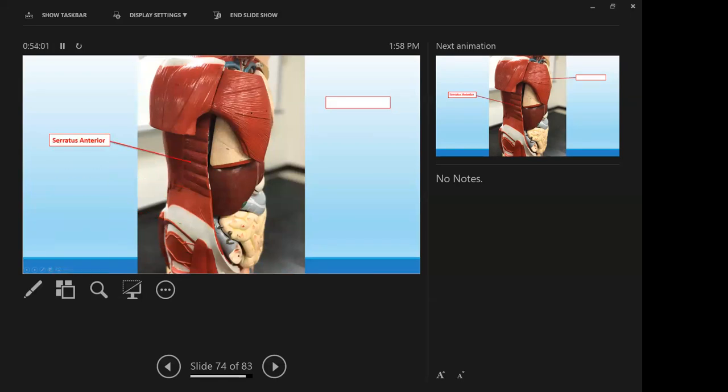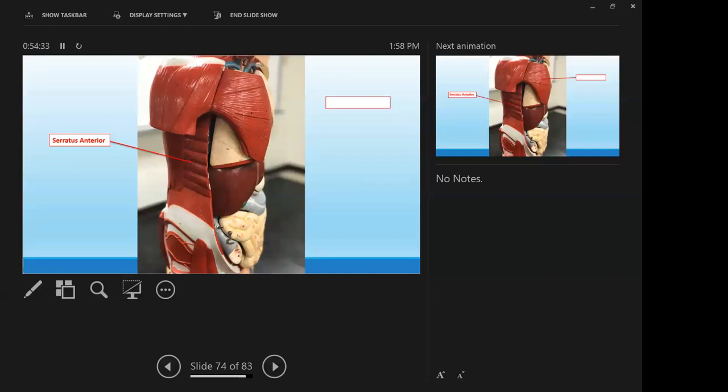Along the side of our torso, we have the serratus anterior. This is often referred to as a boxer's muscle, because this places a great deal of energy into the arm. It's often used if a person is engaged in boxing or mixed martial arts or something like that.